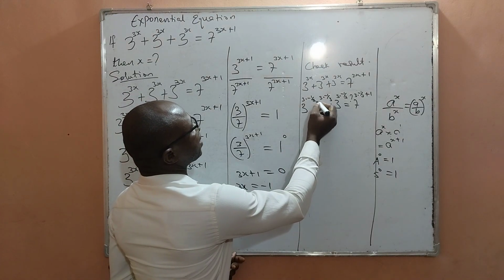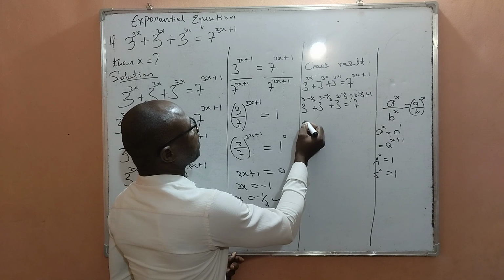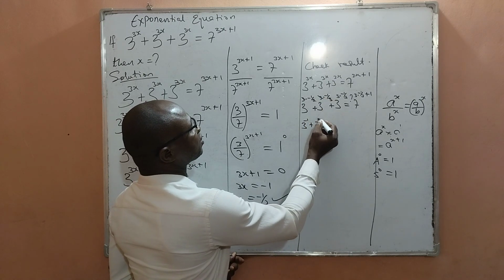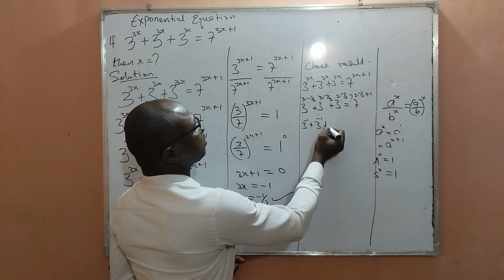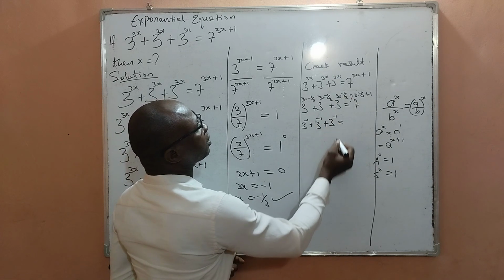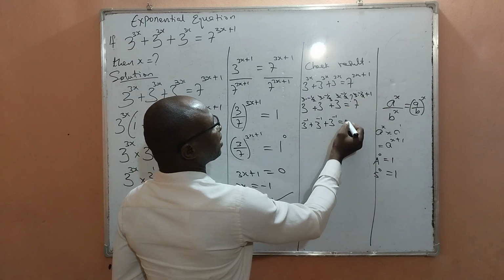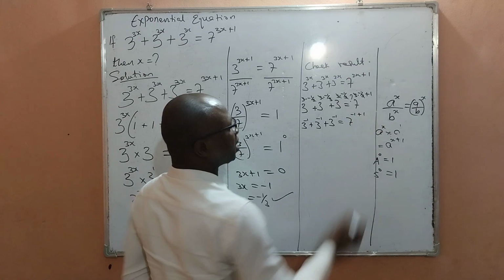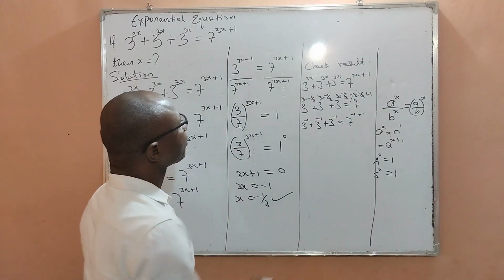Here, 3 cancels 3 to give me 3 raised to the power minus 1, plus 3 cancels 3 to give me 3 raised to the power minus 1. Same thing here, plus 3 cancels 3 to give me 3 raised to the power minus 1, equal to 3 cancels 3 to give me 7 raised to the power minus 1 plus 1. Maths is life.